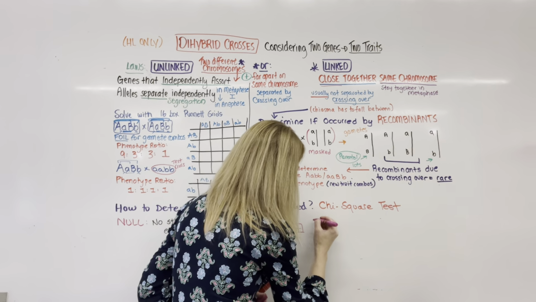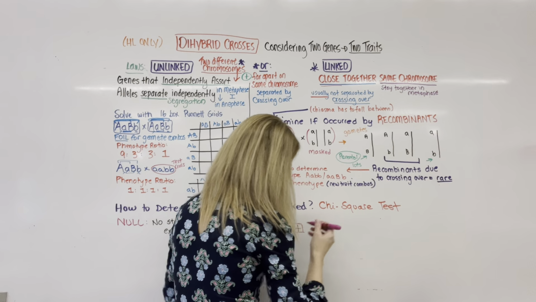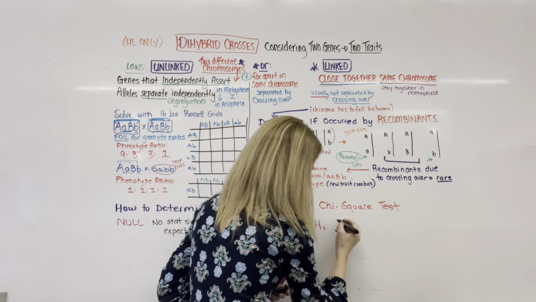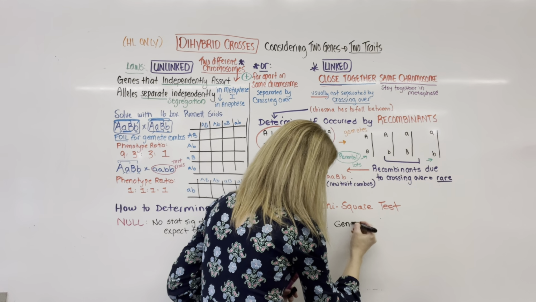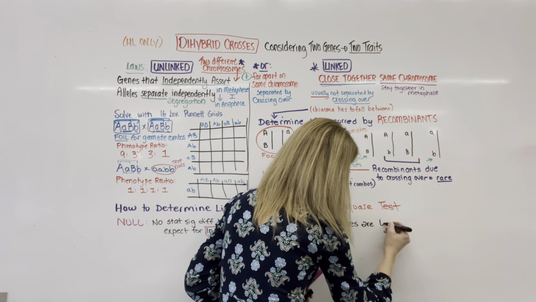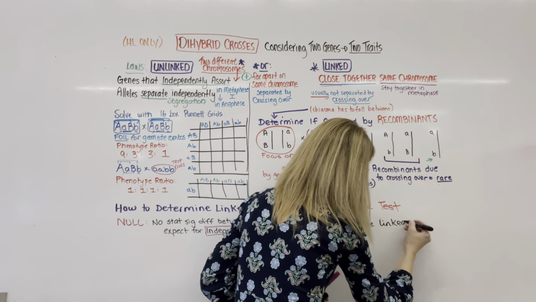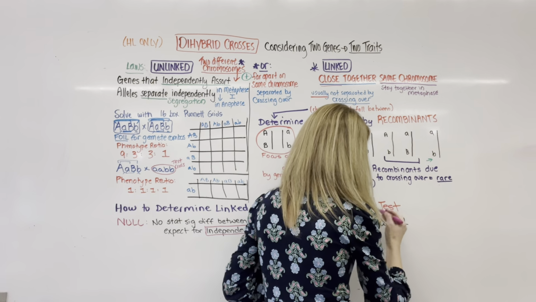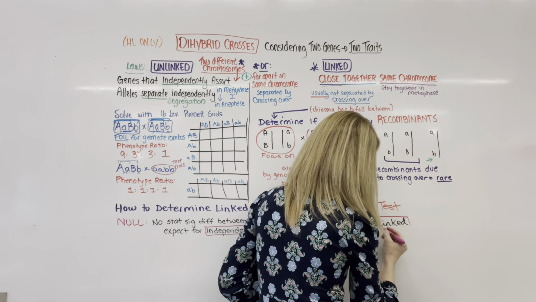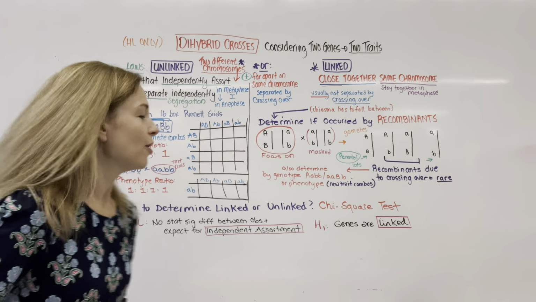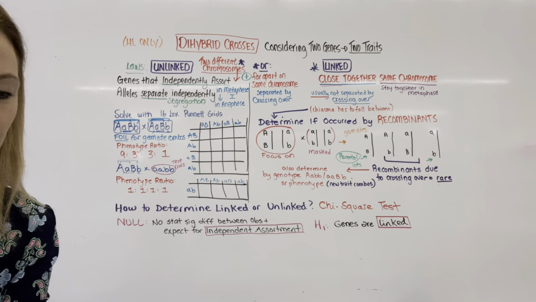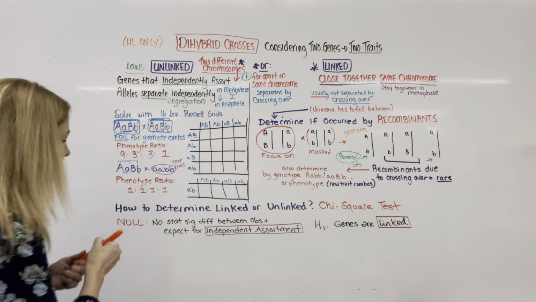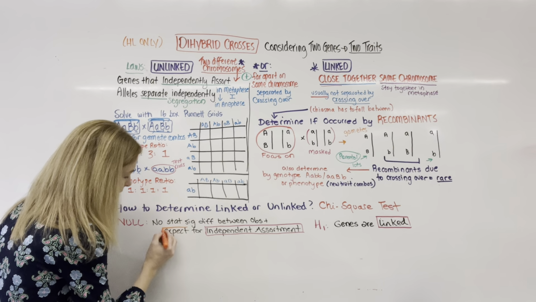The alternative hypothesis is going to be that the genes are linked. So essentially the difference between observed and expected is too much to be explained by chance. Therefore, we could make the conclusion that the genes are in fact linked. Okay, so then we need to actually determine what the expected is.